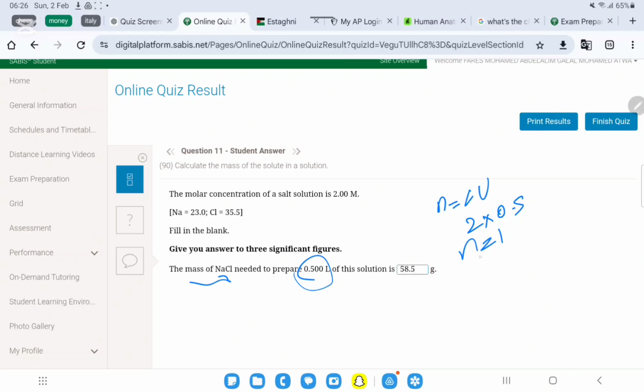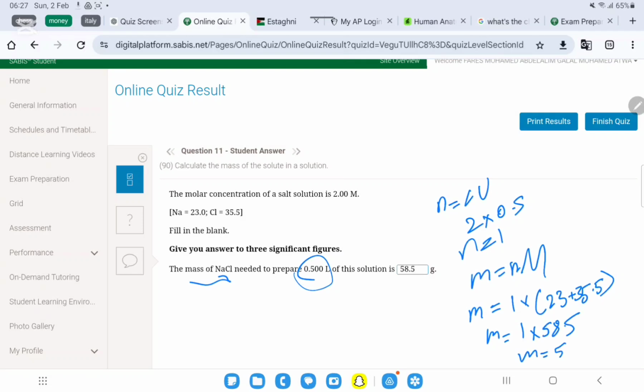And we know that mass equals n times molar mass. So you have the moles, n times molar mass, NaCl, Na is 23 plus 35.5. You get m equals 1 times 58.5, and the mass is 58.5 grams.